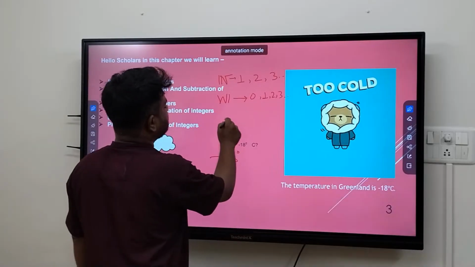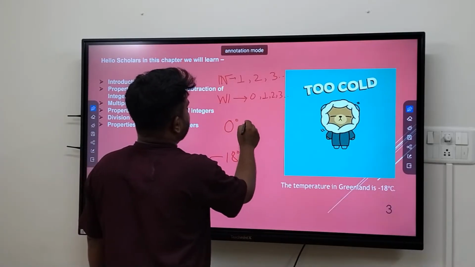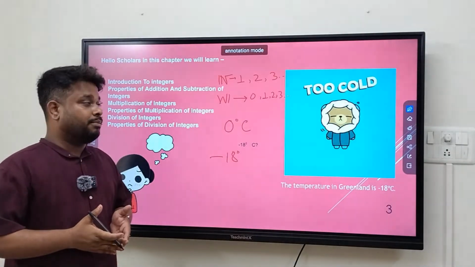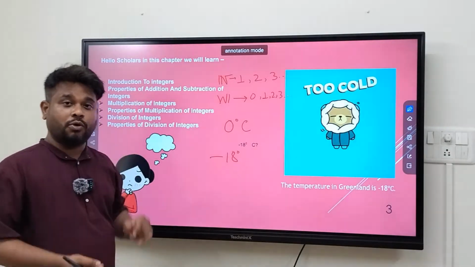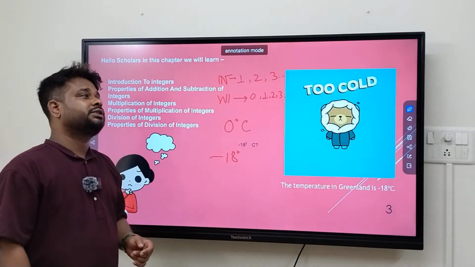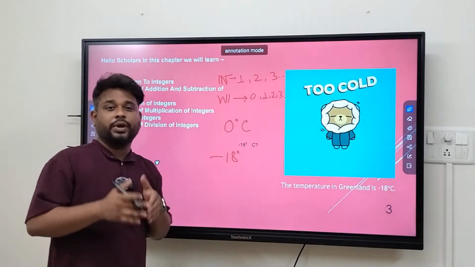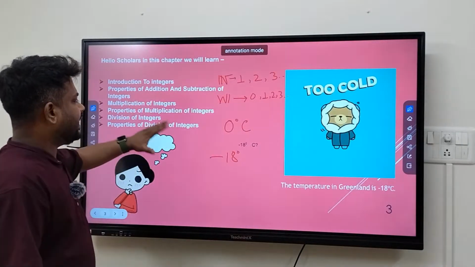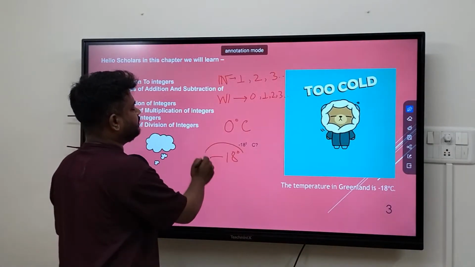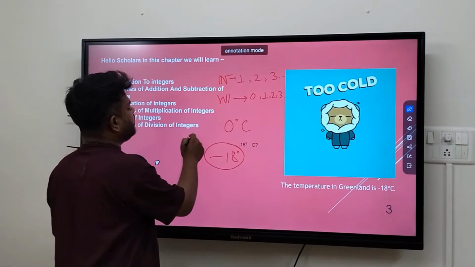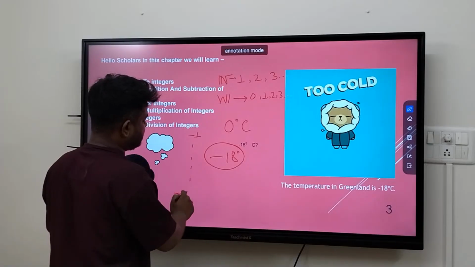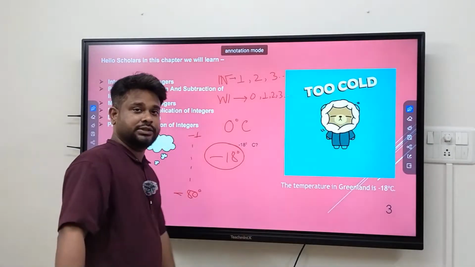We all know that at 0 degree temperature the water freezes and becomes ice. But what about the temperature of the North Pole, or the temperature of the western countries in winter? Yes, those countries in winter take almost negative temperatures. It starts from -1 and can go up to -80 degrees even in the Siberian regions.